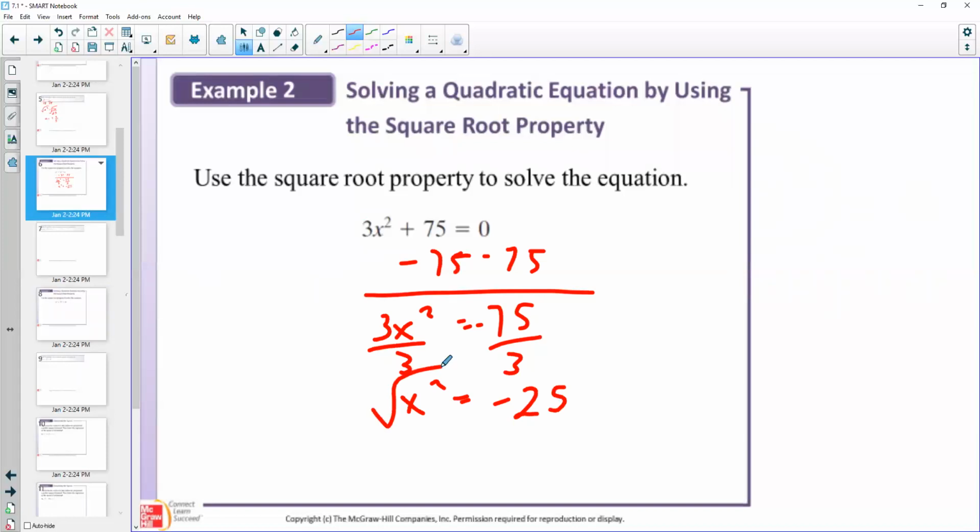Take the square root of both sides. Remember that we now have imaginary numbers. So on the left, I get x. On the other side, the square root of negative 25 is the square root of negative 1 times the square root of 25. Square root of negative 1 is i. Square root of 25 is 5. So the answer here is x equals plus or minus 5i.